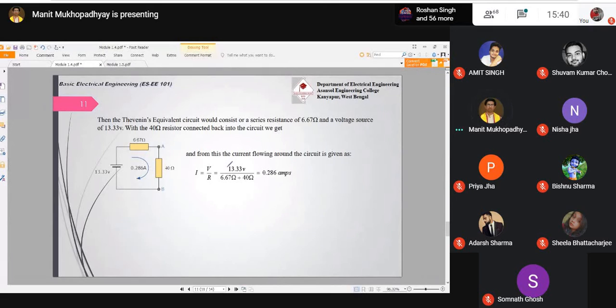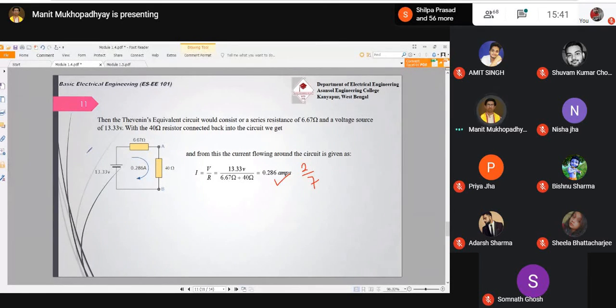Check every point here. This is 0.286, or you can say 2 by 7. So this one has fewer variables. That's why if you want to solve any problem using this Thevenin theorem, it will take much less time.